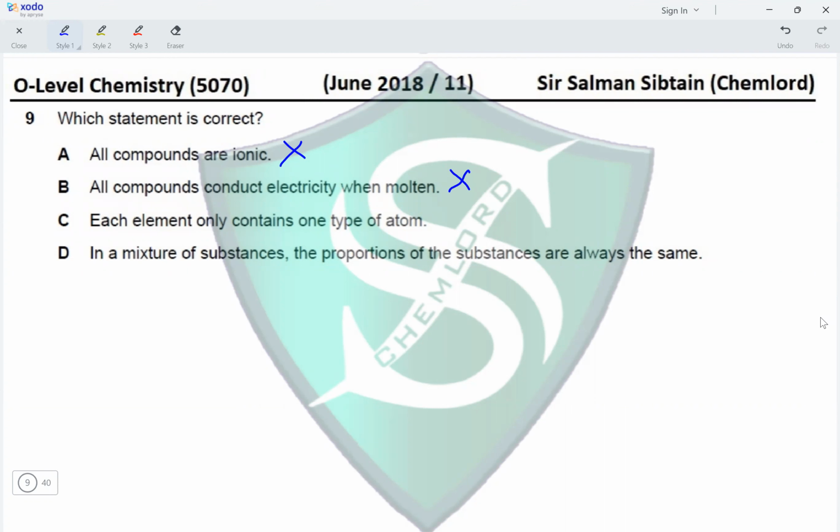In a mixture of substances, the proportions of the substances are always the same? No. They could vary with as many different possibilities as possible. So for this question, the correct option is option C.